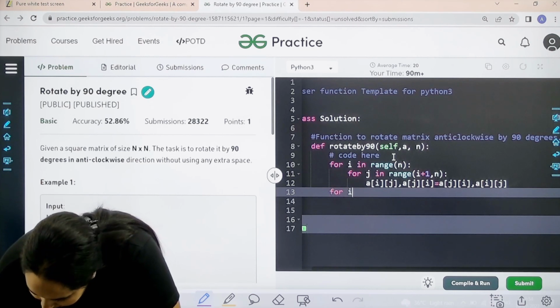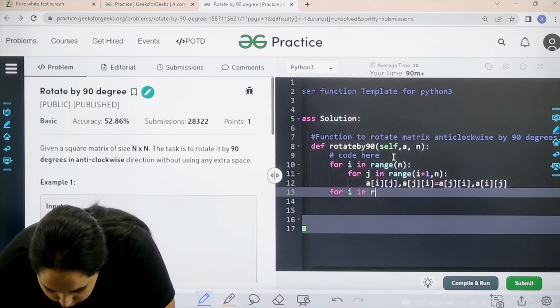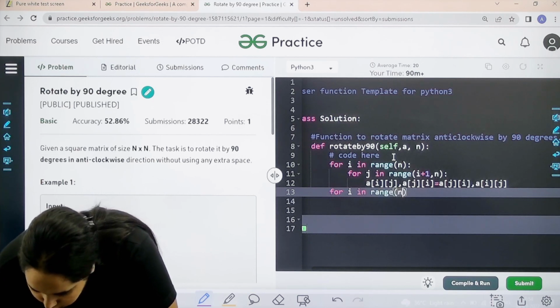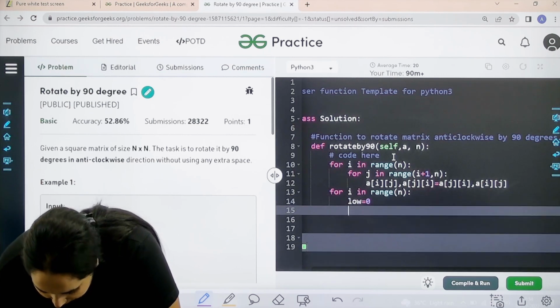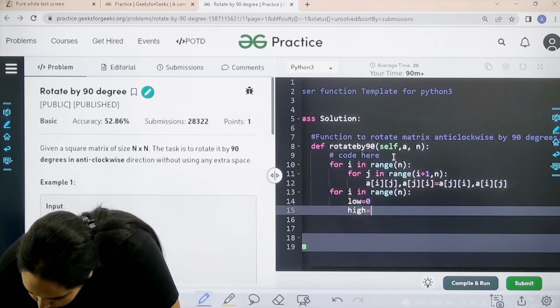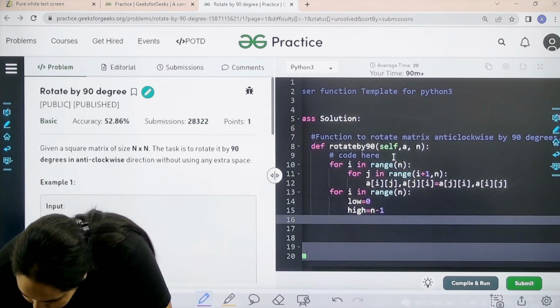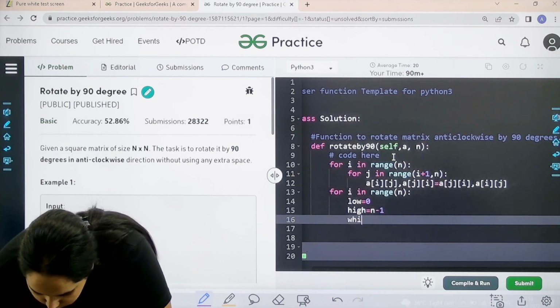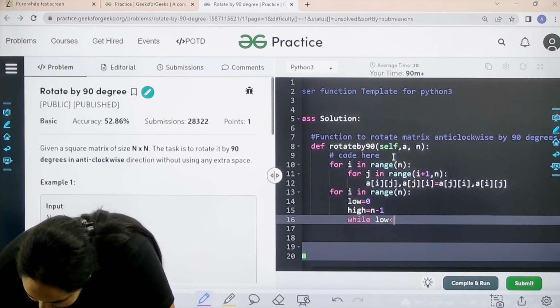Now enter, another for loop: for i in range(n): colon, enter, low = 0, enter, high = n - 1, enter. Now while low is less than high: colon, enter.